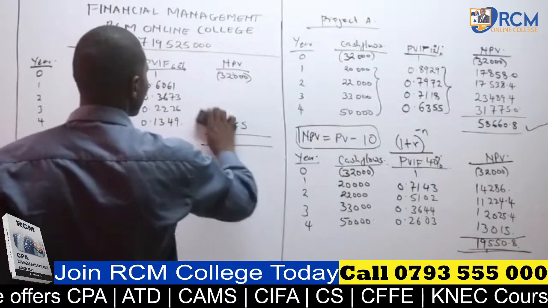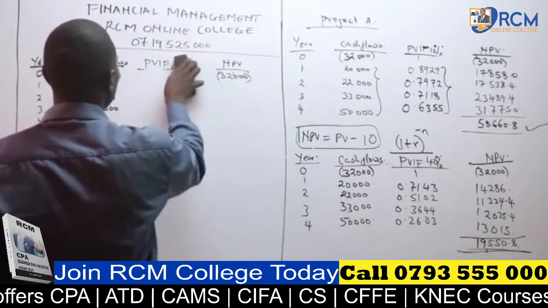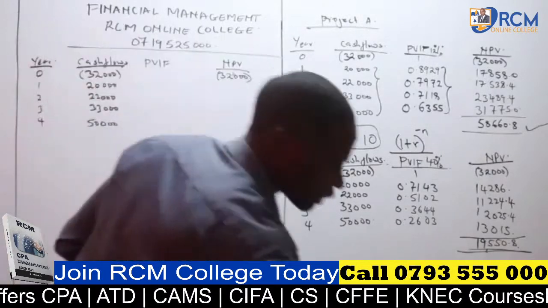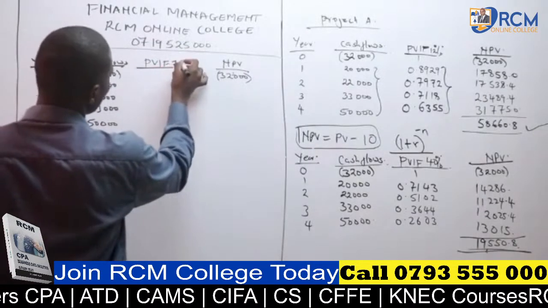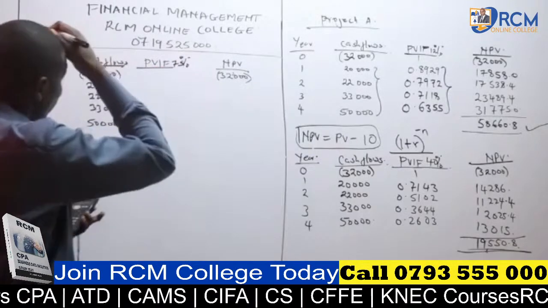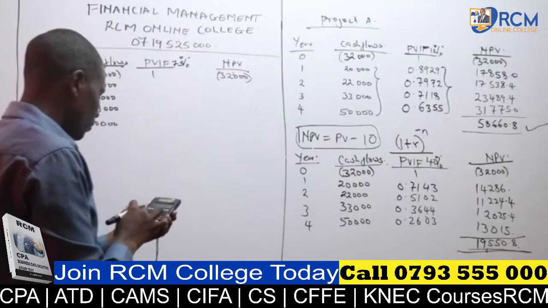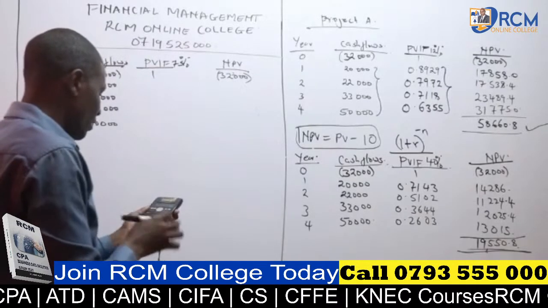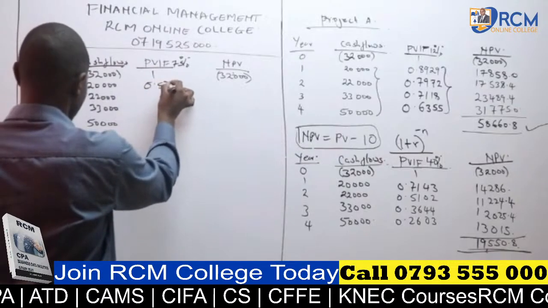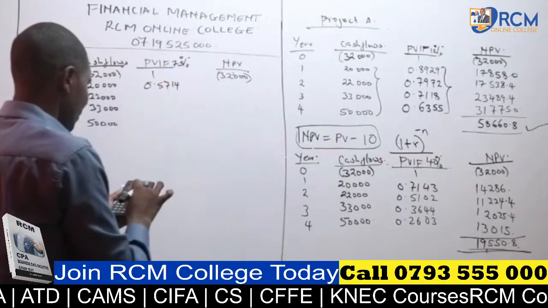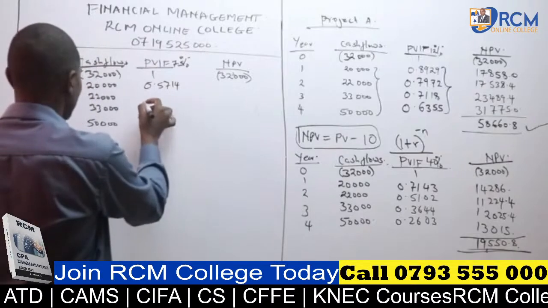So 70 will give me that. 70% or 75. Let me use 75. The examiner will give you something that at least will work, so let me go with 75%. So this is one, that's okay. So I have 1.75 raised power negative 1, which is 0.5714. 1.75 raised power negative 2 is 0.3265.